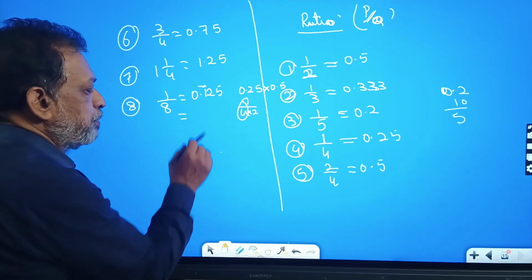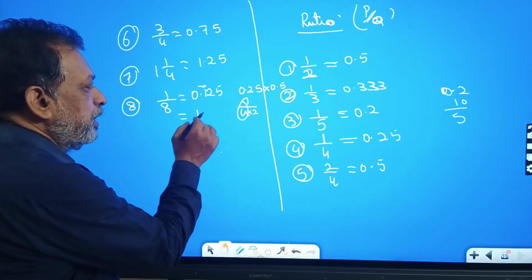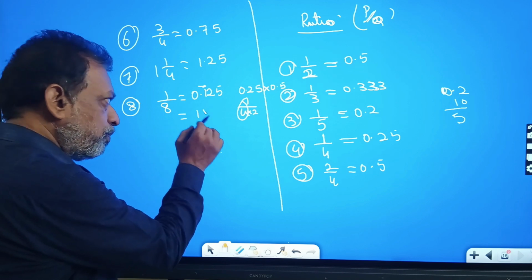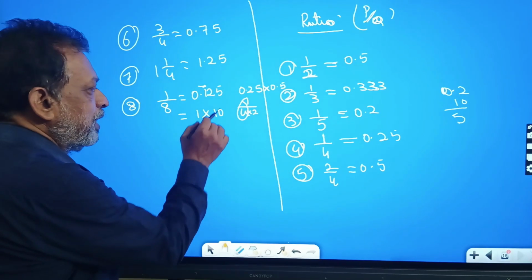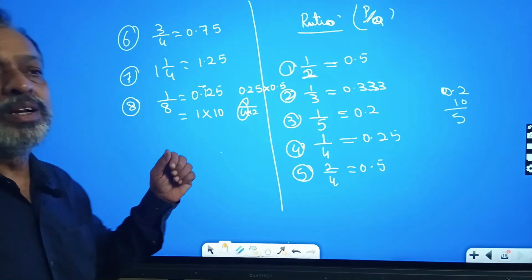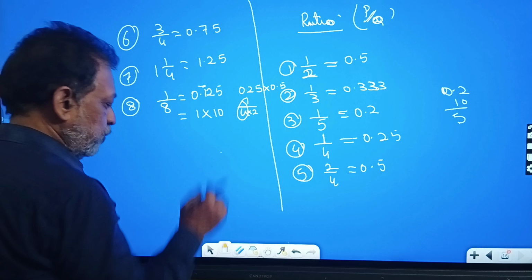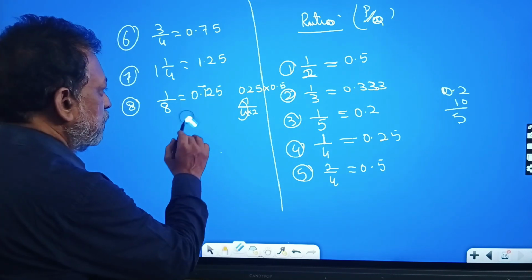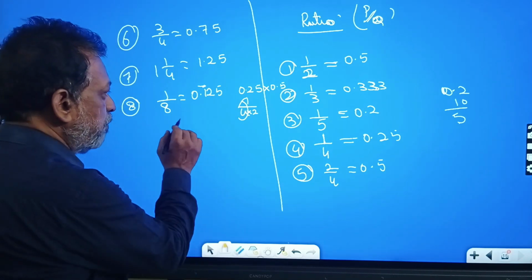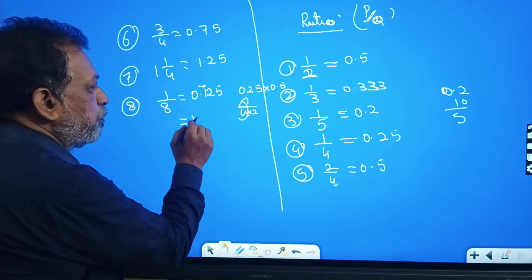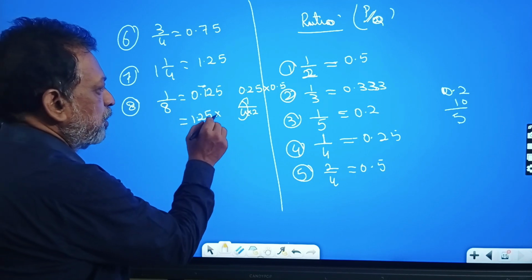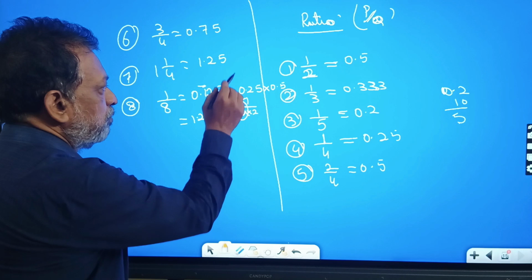Standard form is nothing but the coefficient should be more than 1 and less than 10. So I have to write 0.125 in standard form, that means 1.25 into 10 to the power of minus 1.